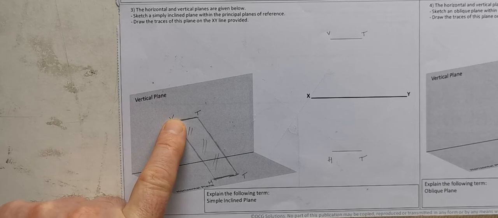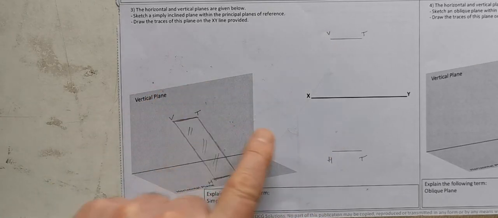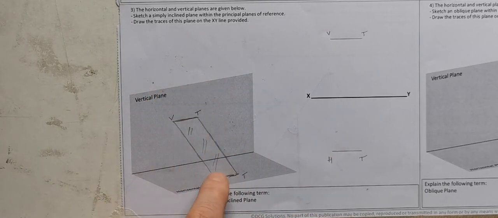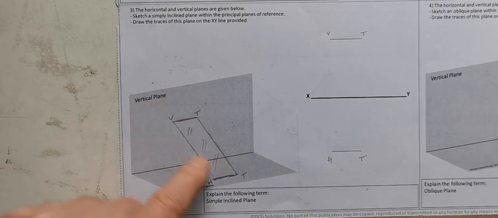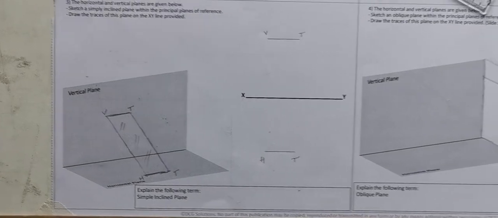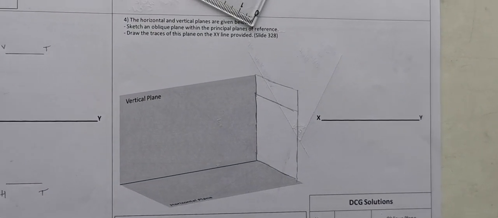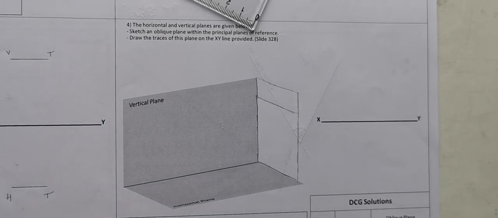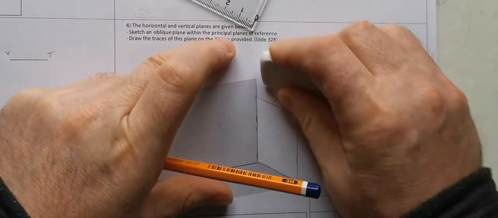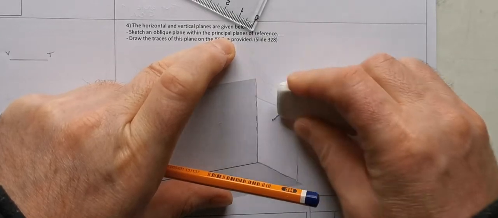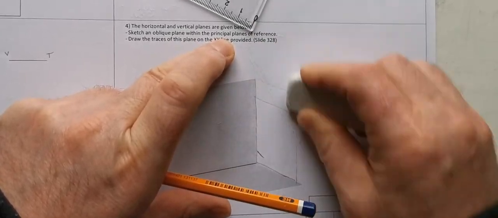So you wouldn't try to draw that in, it's only the trace. I suppose that's possibly what causes a lot of confusion for people. And finally, I'll just rub out my invertible plane there.